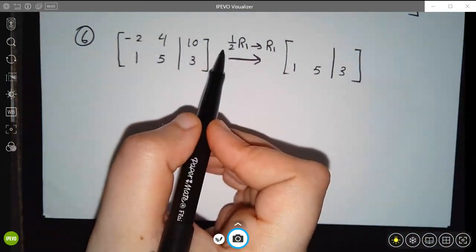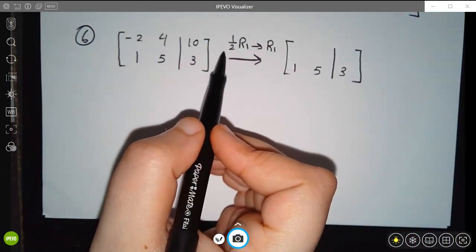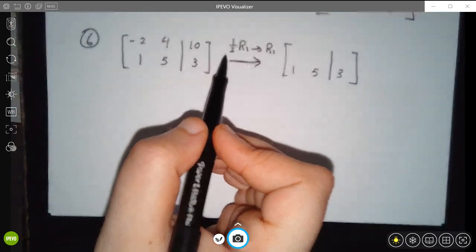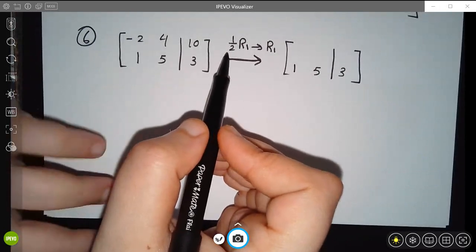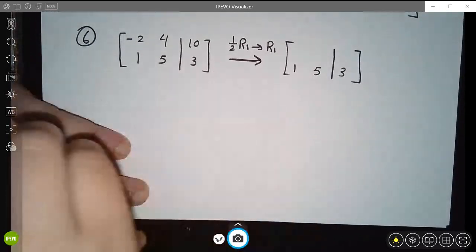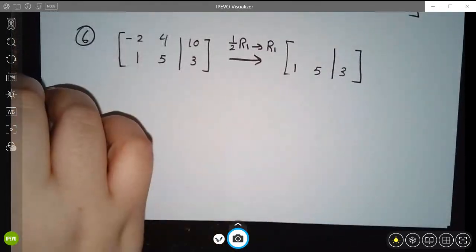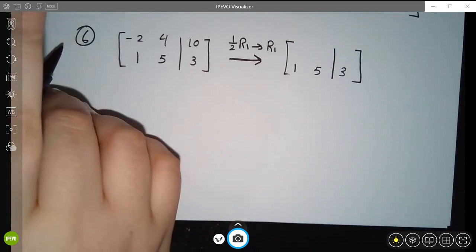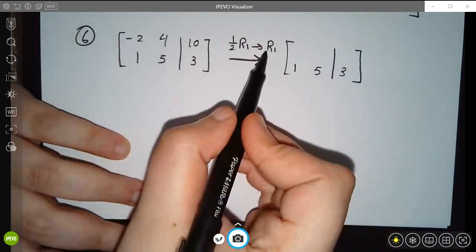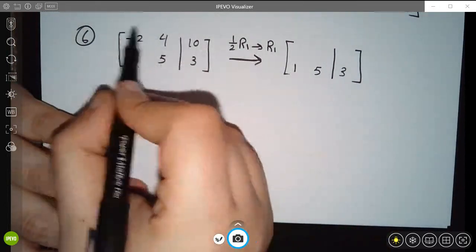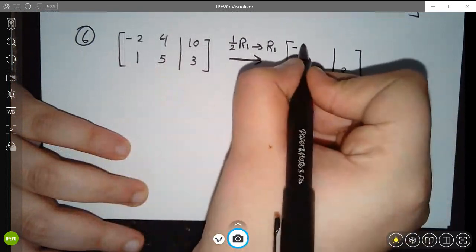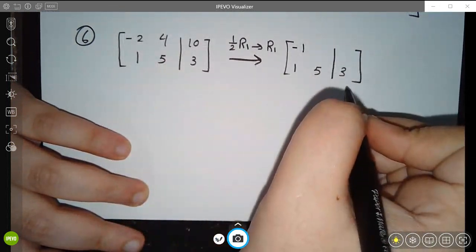The operation told me to multiply it by 1/2. So -2 divided by 2 or multiplied by 1/2 is -1. The answer is -1. And that's my new row 1 value. So the first value turns into -1.